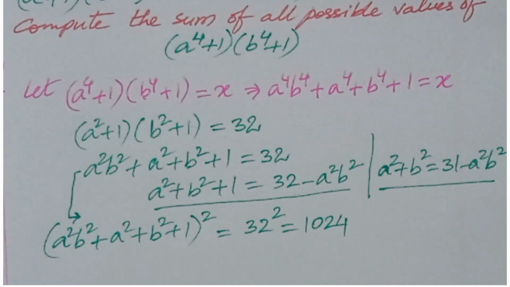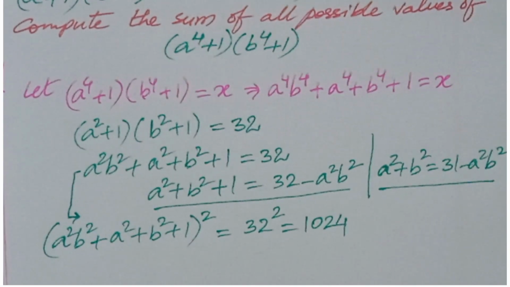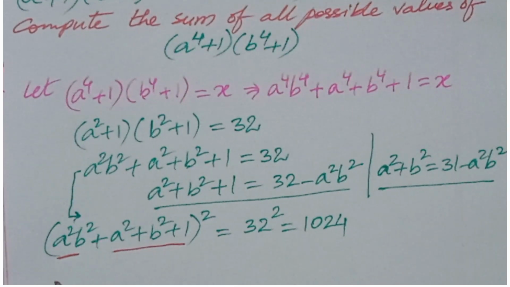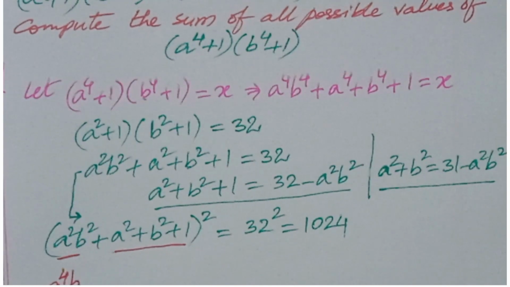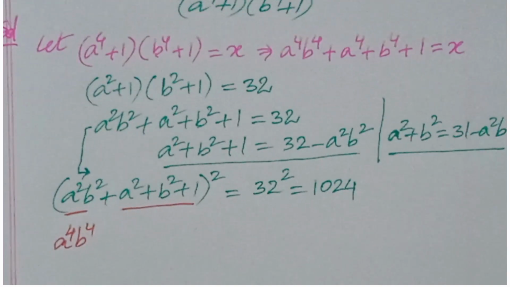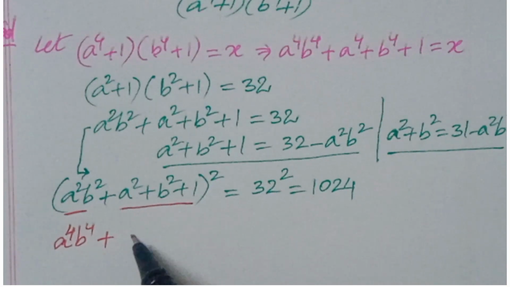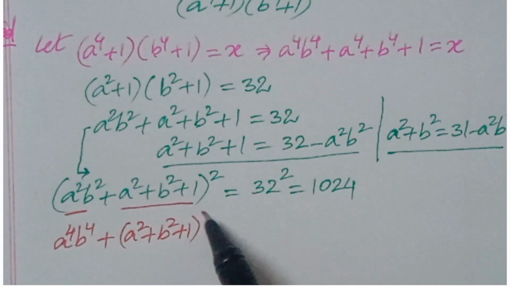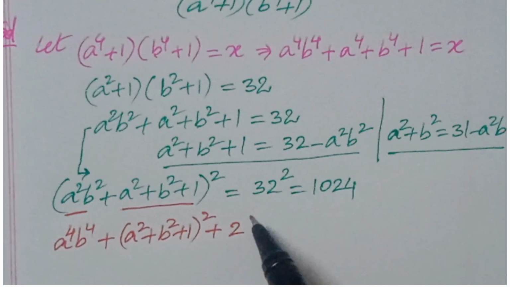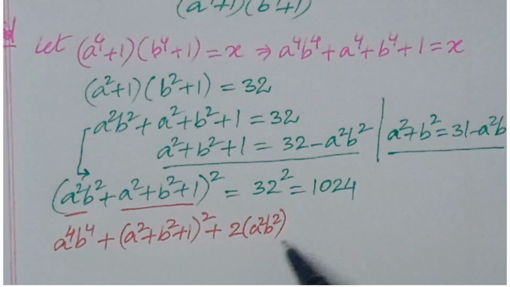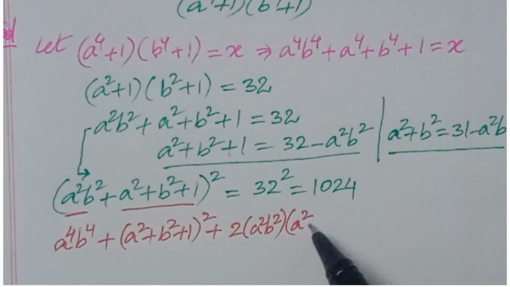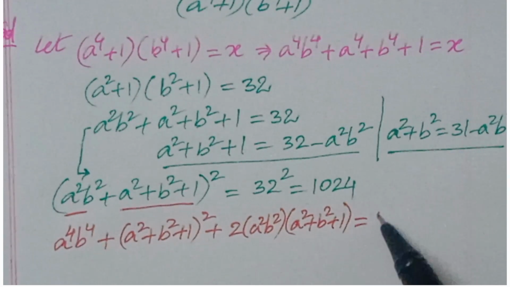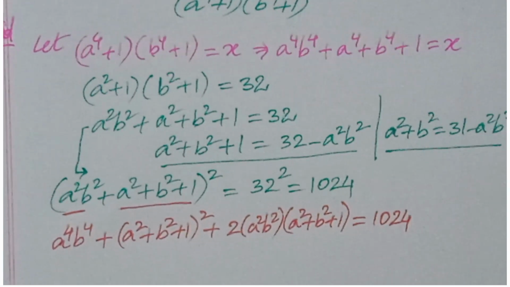Now I am taking this as a and this as b, so a square b square whole square, that is a power 4 b power 4, plus (a square plus b square plus 1) whole square plus 2ab, that is 2 times a square b square into (a square plus b square plus 1), is equal to 1024.